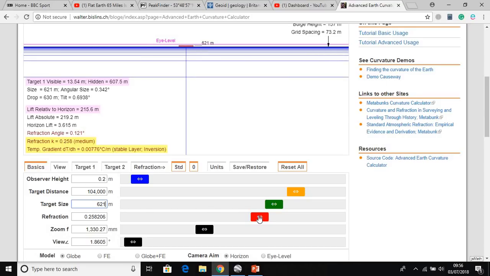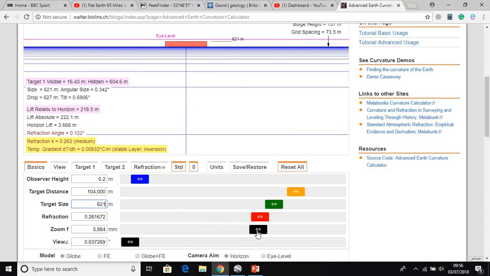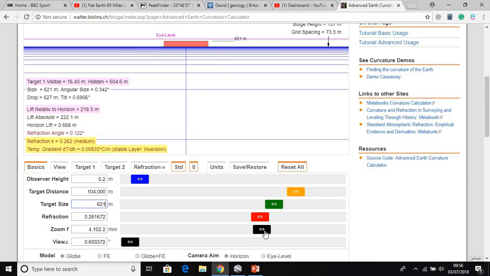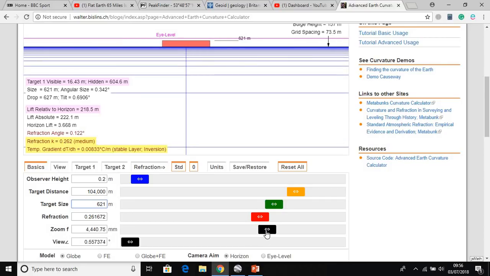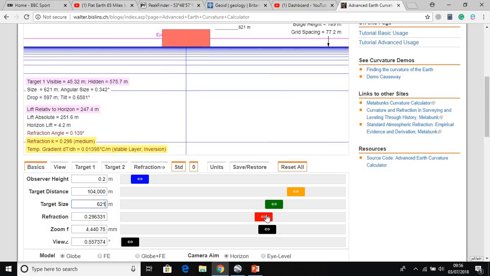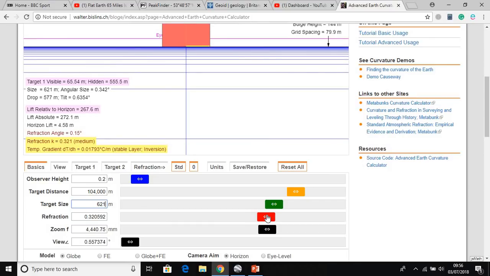And as we continue, it protrudes more and more above the surface. Zooming in, we can see plenty of the object showing above the horizon, and with a bit more refraction, more and more of it will show.